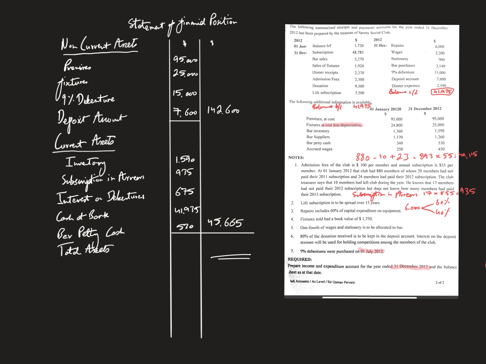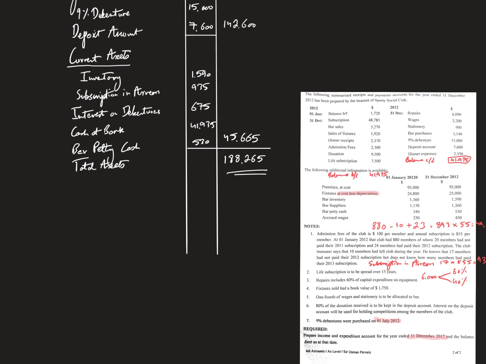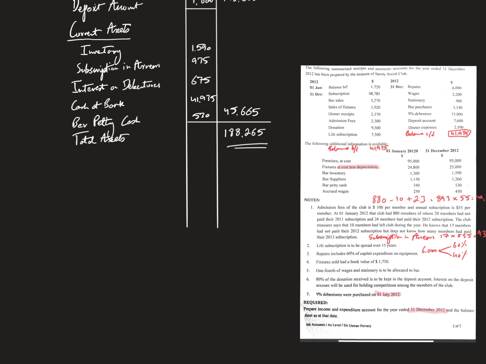Total assets are... alright. Now there's a problem. In the entire question, I have not been given opening accumulated fund. The entire question is vacant or empty without this information. How do I calculate this?